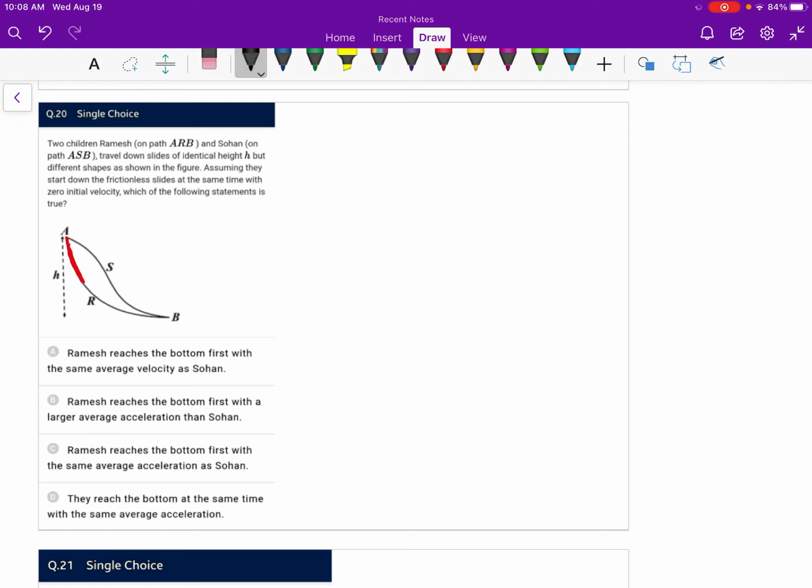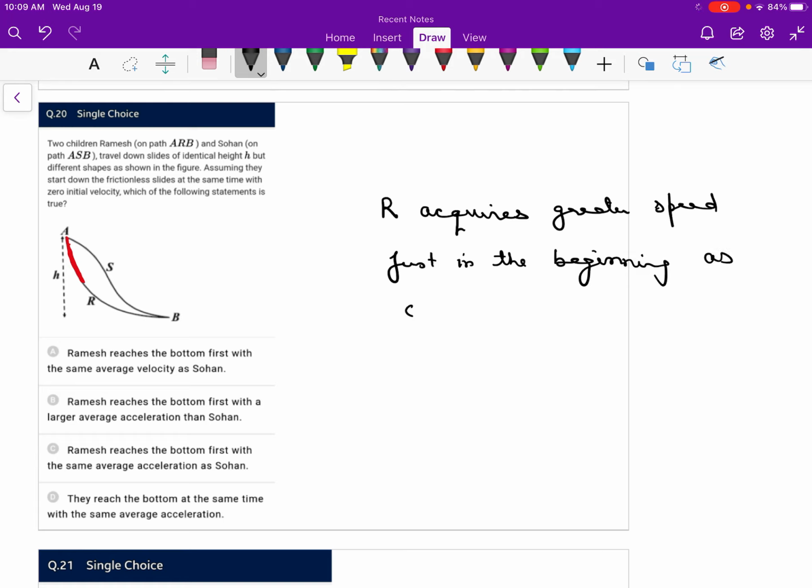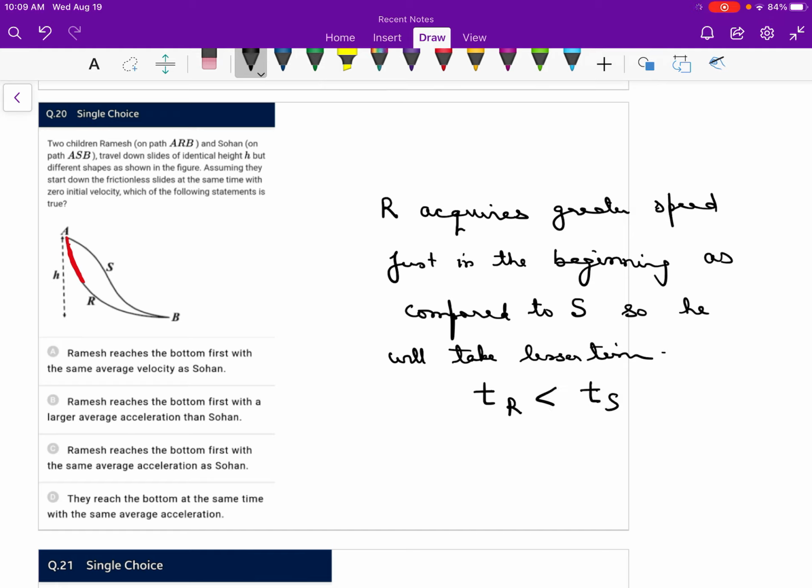So Ramesh acquires greater speed just in the beginning as compared to Sohan. So he will take lesser time. So T Ramesh is less than T Sohan.